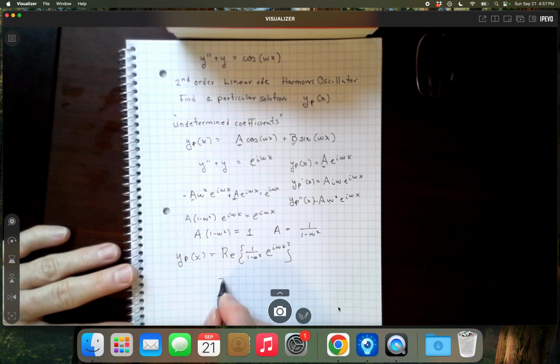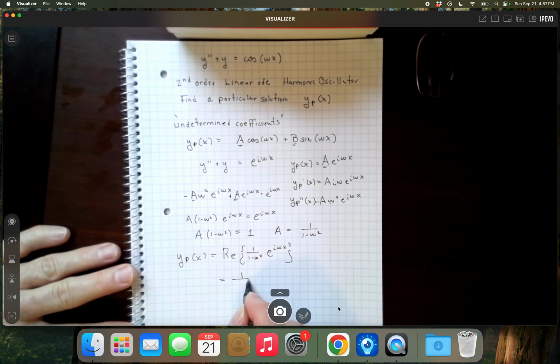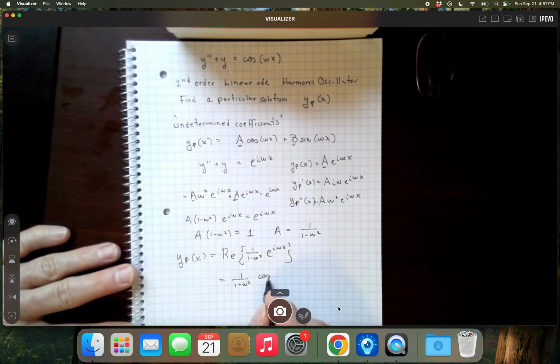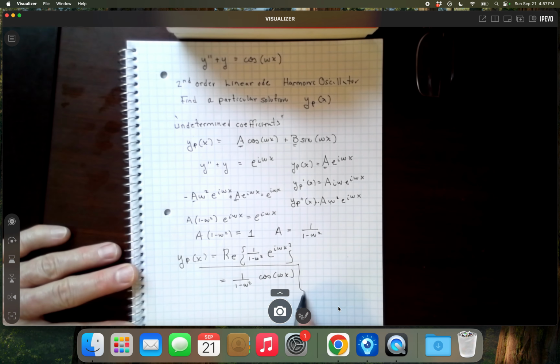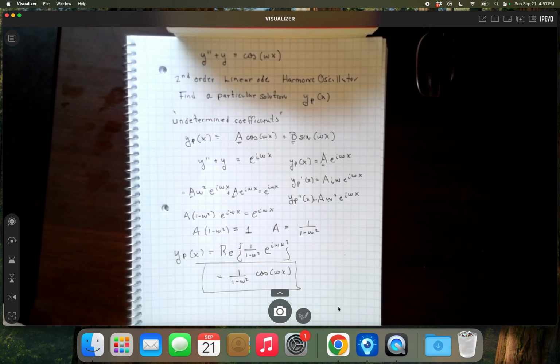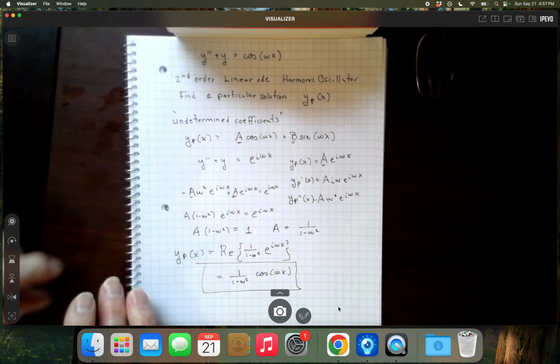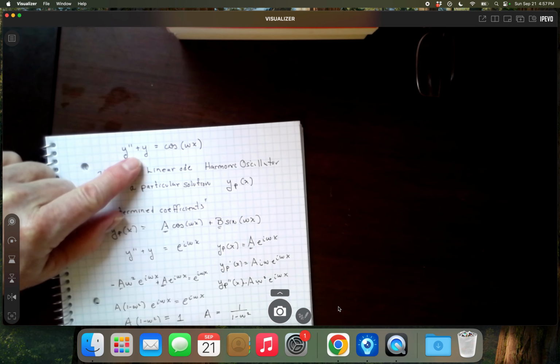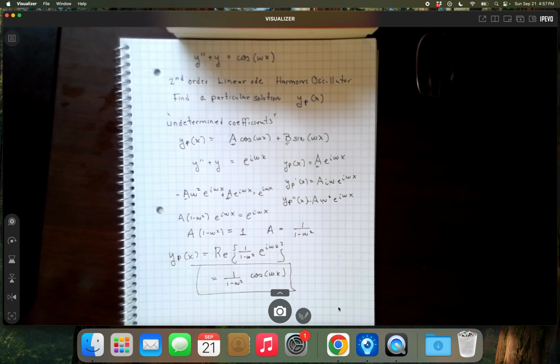Here it is. It's equal to 1 over 1 minus omega squared times cosine omega x. That is the particular solution for this second order ODE using complexifying functions.